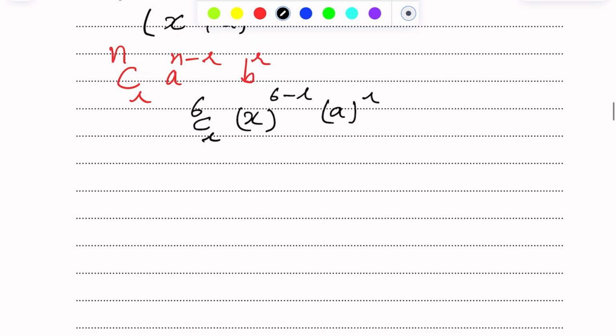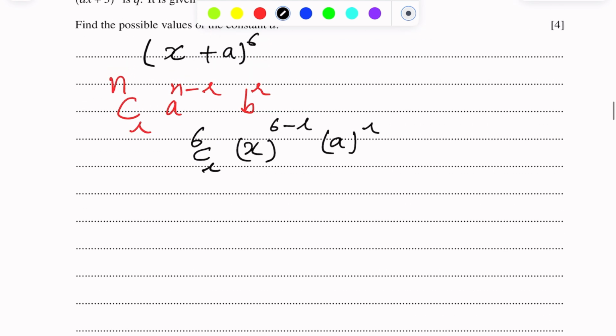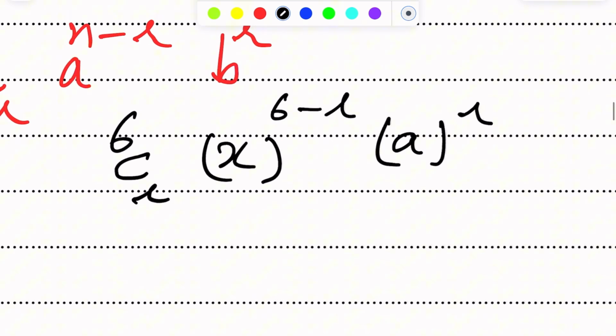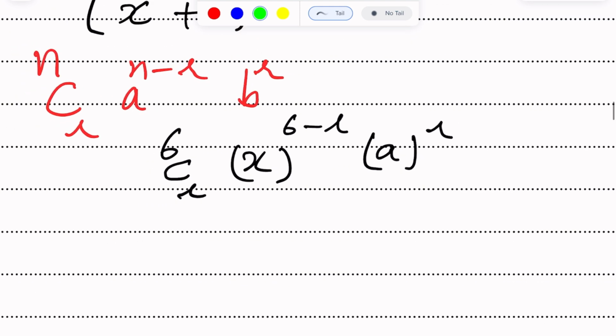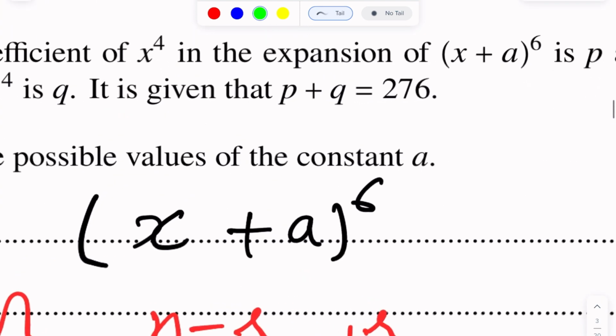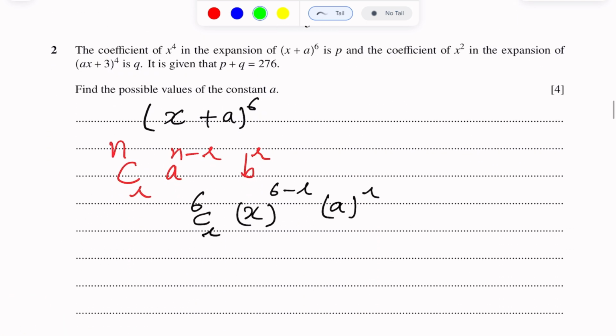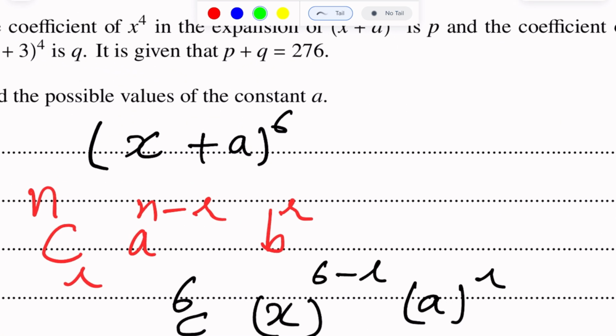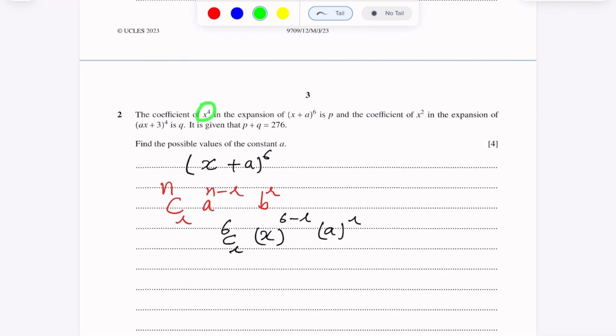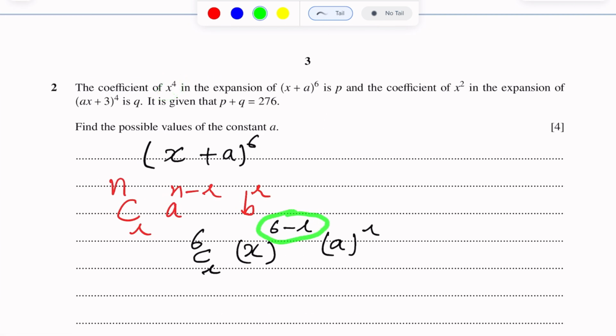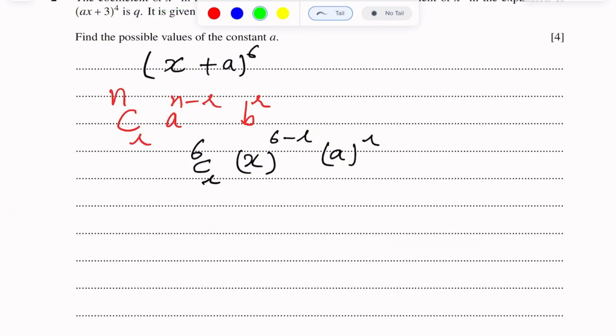Now using the indices rule, there is only one x here, so we have to find the coefficient of x^4. So we can equate 6 minus r is equal to 4.